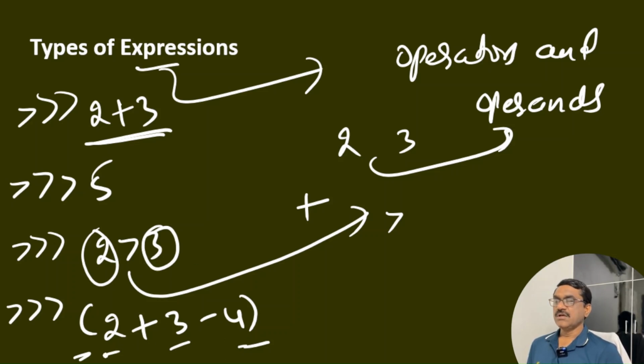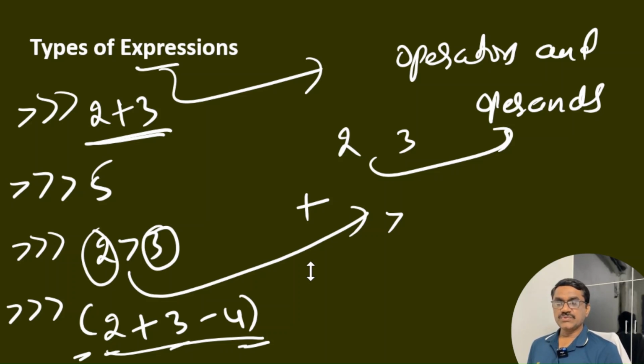In this case, the values available within the expression are evaluated. So here we have plus and minus. When we have more than one operator in an expression, as per the precedence of operators, we obtain the result. In the previous sessions, we have discussed the difference between associativity and precedence.